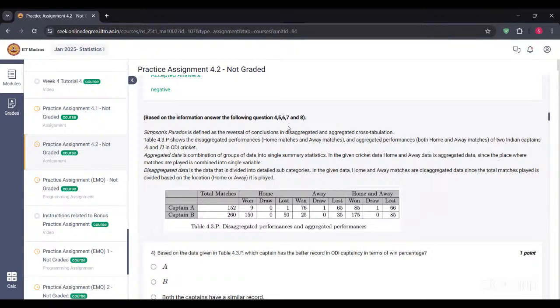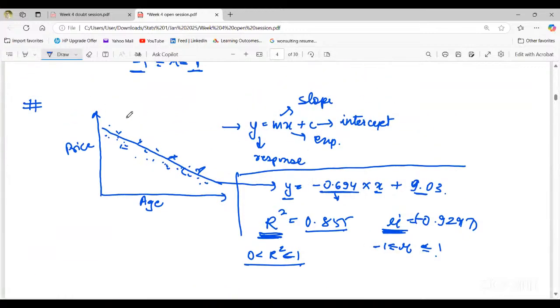Fitting of line in the sense that, if you see, this was the thing, right? So this was the data that we have been given. This is a scatter plot, right? So let's say we are just fitting a line in this data.